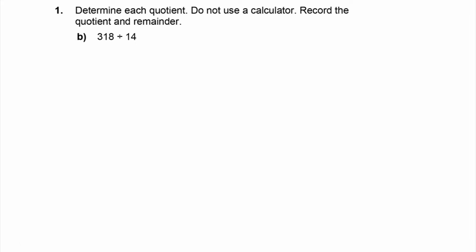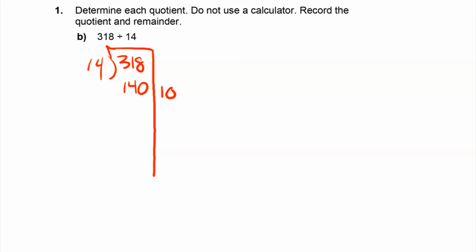Okay, now we've got the same type of problem, 318 divided by 14. Supposing I wasn't exactly sure where I was going to go with this, I'm going to start off by saying, what if there are 10? 10 times 14 is 140. 318 minus 140 is 178. Now for 14 into 178, I might try 10 again.